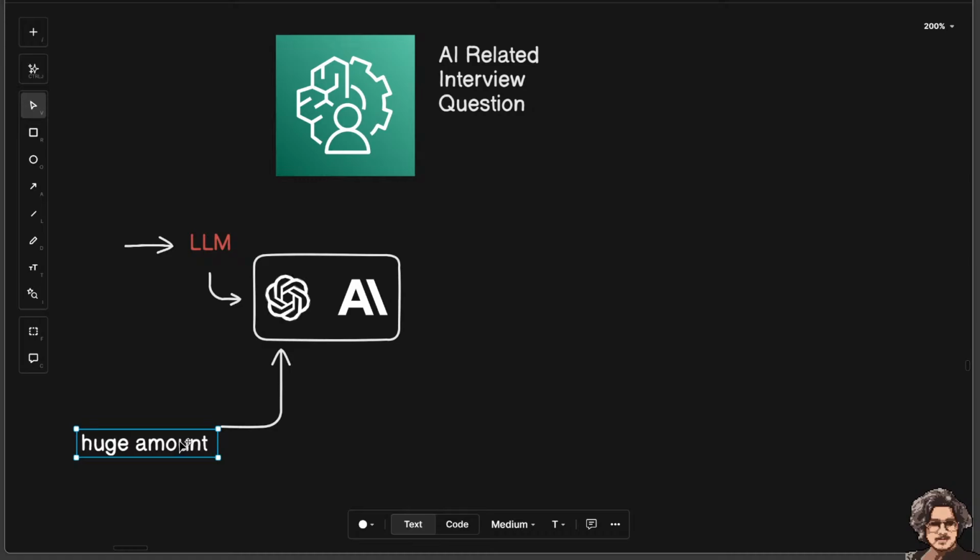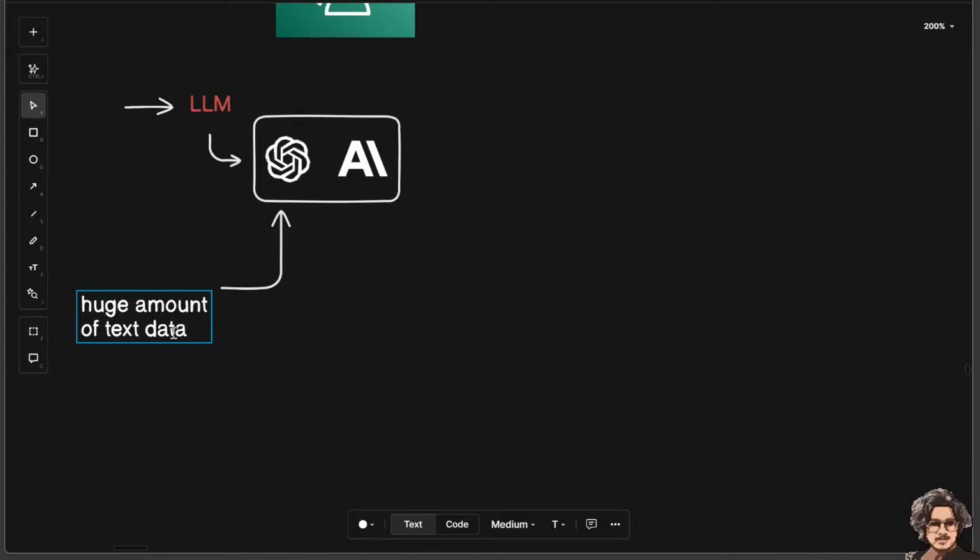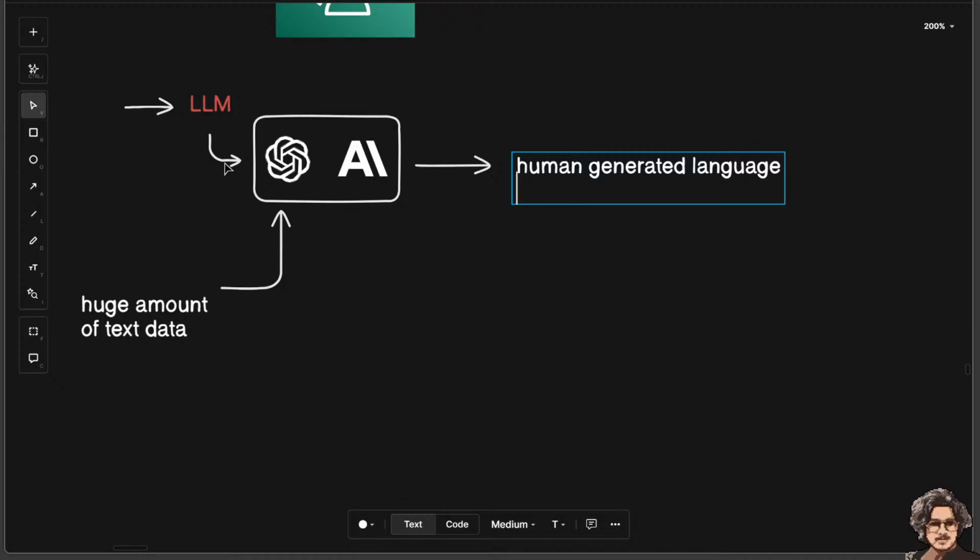When we provide all this huge amount of text data to this AI model, in the output we get human-generated language. For example, LLM stands for large language model, which is an AI model.